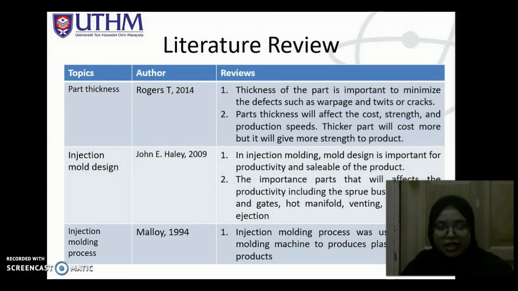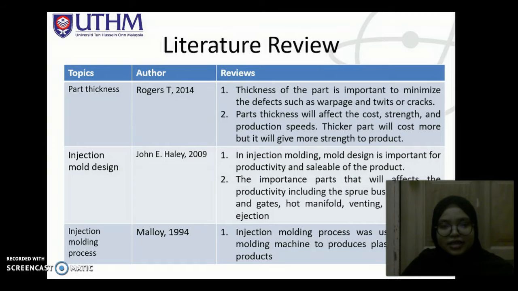In this journal, he said that thickness of the pipe is important to minimize defects such as warpage, twist or cracks. Next, he also said that pipe thickness will affect the cost, strength, and production speed. The thicker pipe will cost more, but it will give more strength to the product.